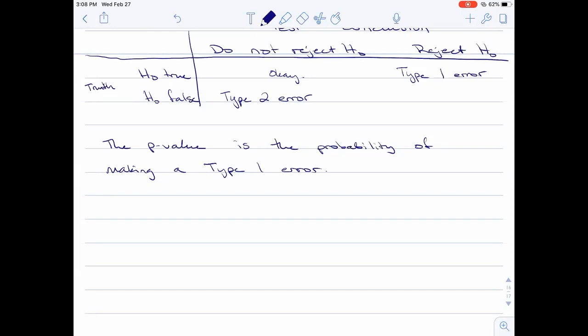Of course, there are ways to quantify the probability of making a type 2 error, but it's way beyond the scope of this course. So p-value is fine. We've seen those. We can handle those, right? Type 2 error is a different beast. So just know that that's what it is. And then, of course, if H0 is false and you rejected it, then you're okay. Right? You didn't make an error.